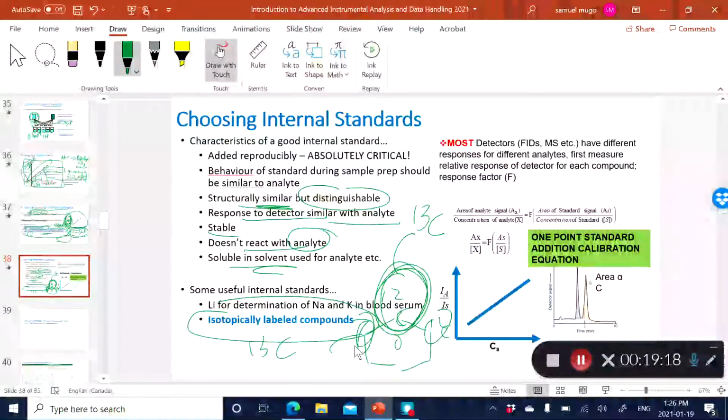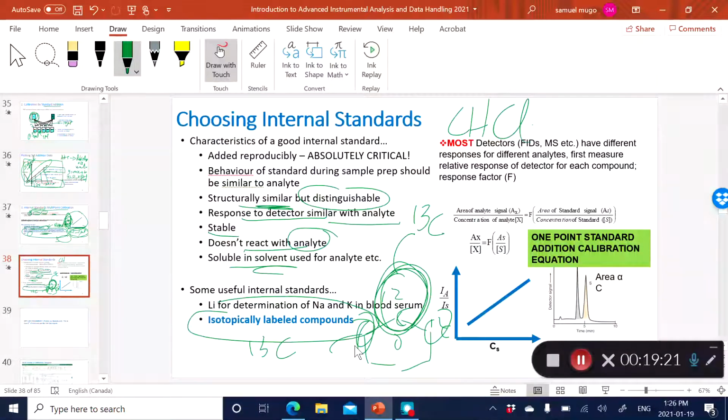Meaning, if I was talking about chloroform, for example, a deuterated chloroform would be where I replace this hydrogen with a deuterium, through an isotopic enrichment.